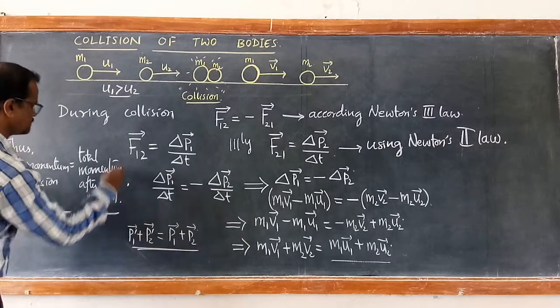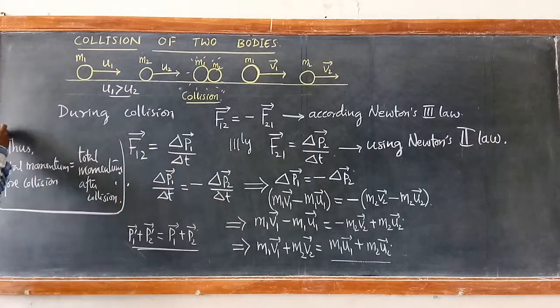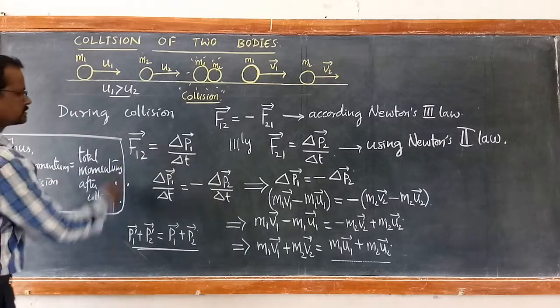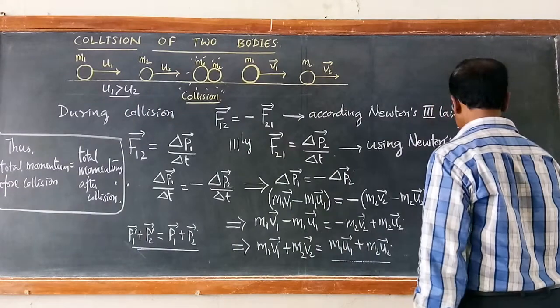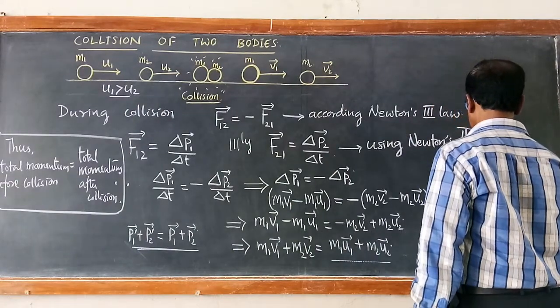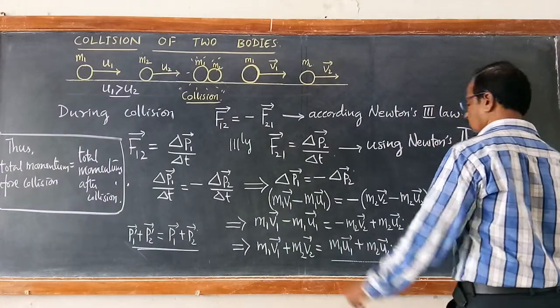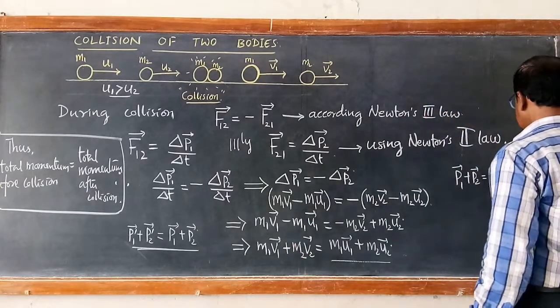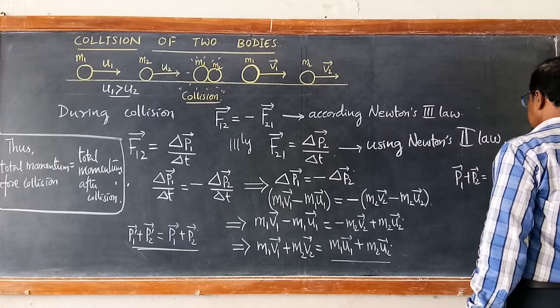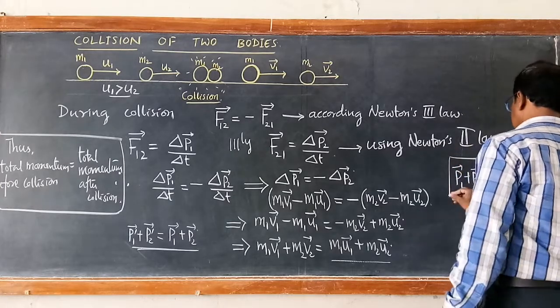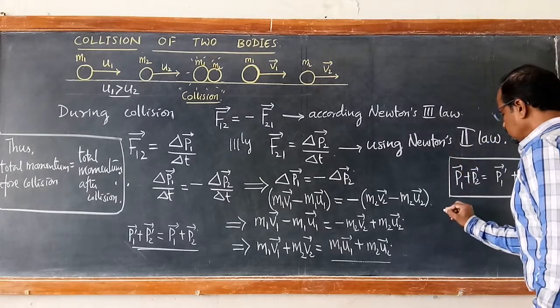So this is the result. Total momentum before collision is p1 vector plus p2 vector, and total momentum after collision is p1 dash vector plus p2 dash vector. So thus total momentum of the system remains conserved.